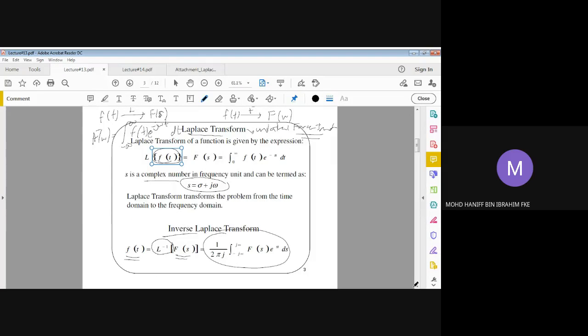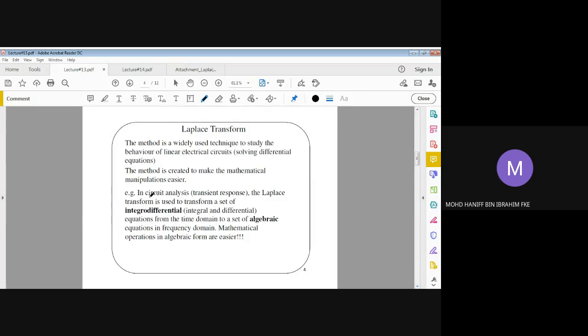The Laplace transform is a widely used method in electrical engineering, basically in circuit analysis, where we have passive components R, L and C. Our emphasis will be on L and C. For the inductor, the equation relating voltage and current is V equals L di over dt.